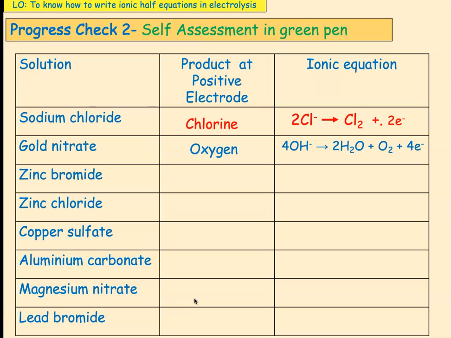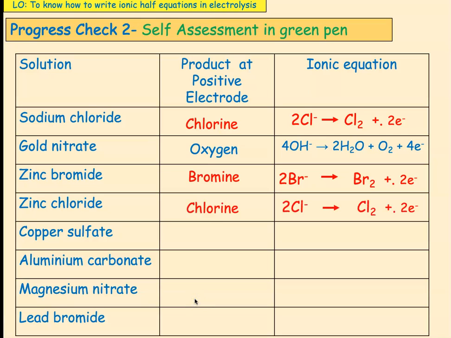Zinc bromide. Bromide is a group 7 ion, so we're making bromine, and this is the ionic equation for making bromine. Zinc chloride. Chloride is a group 7 ion, so we're going to make chlorine, and this is the ionic equation that we use to make chlorine. Copper sulfate.